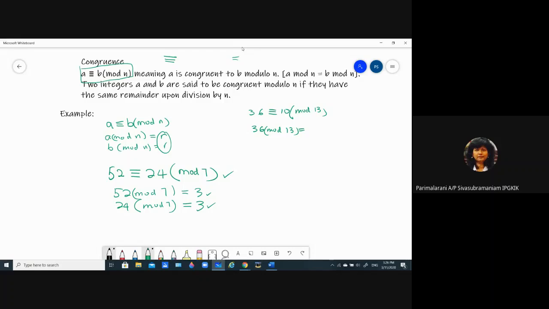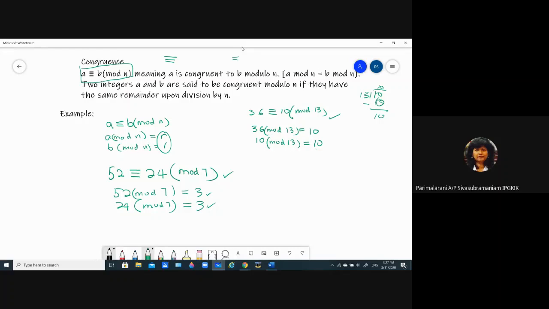So 26 and 36 is 10. So what is 10 mod 13? 10 divided by 13 is 0, and if this number is less, then the remainder is that number. So the remainder is 10. Both the remainders are the same. Therefore, this is true. It's correct.